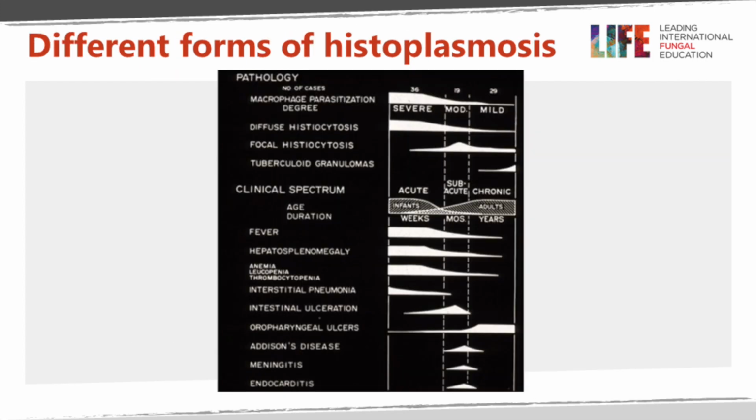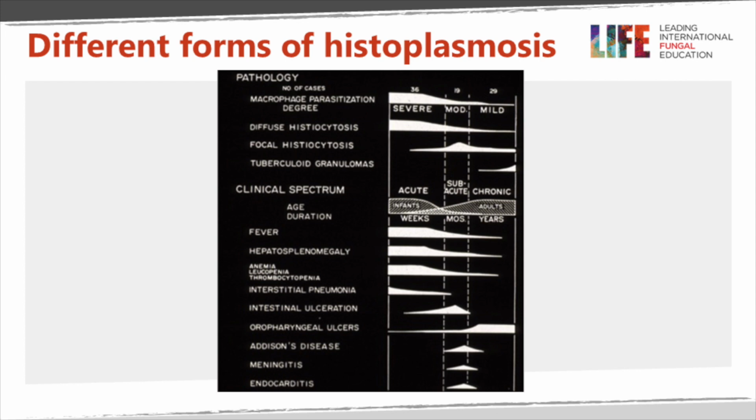This interesting graphic from about 40 years ago, from one of the major textbooks of medicine which includes a chapter on histoplasmosis, shows the pathology from severe, moderate to mild, and the amount of organism present. With mild disease you get more of a granulomatous and more chronic disease, with a much more acute presentation on the left and a much more chronic presentation on the right, and this was written and described pre-AIDS.